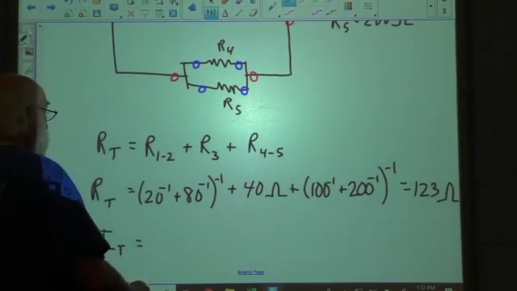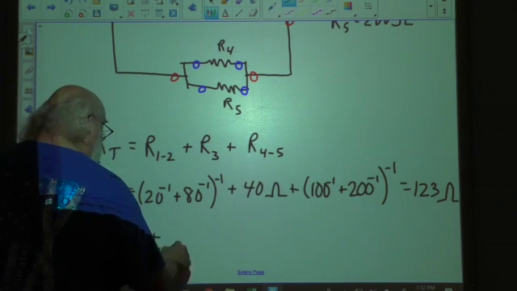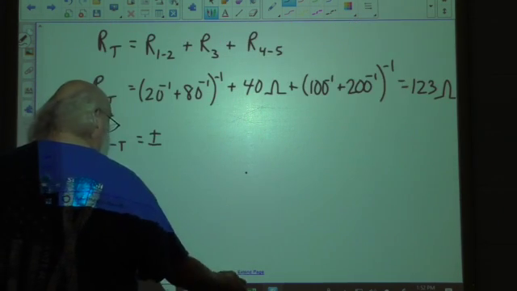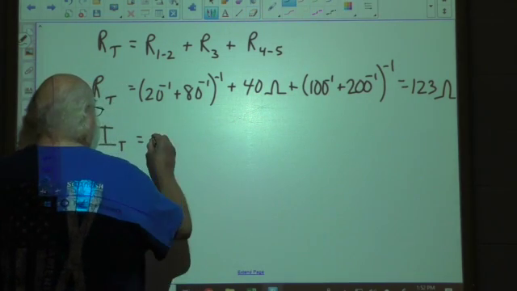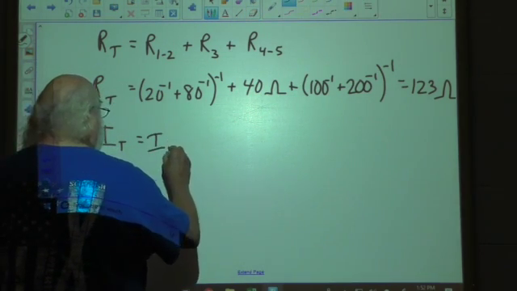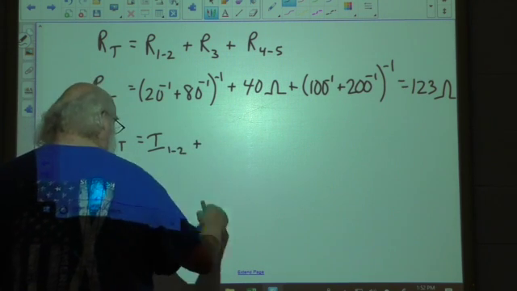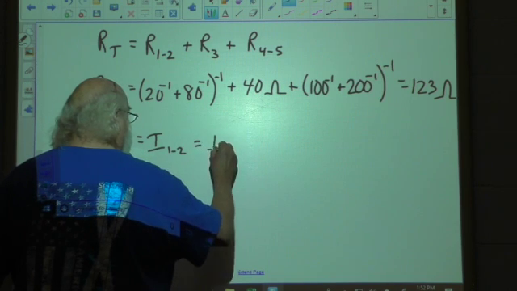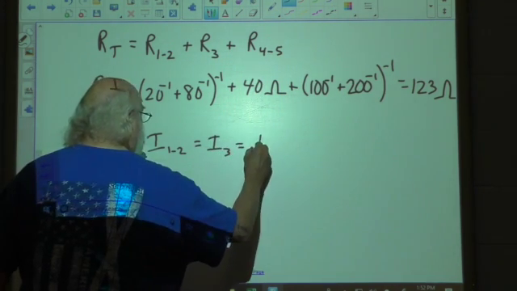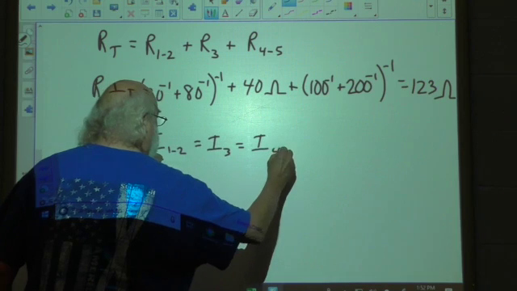So that means I total is going to equal I1 and 2, which equals I3, which equals I4 and 5.